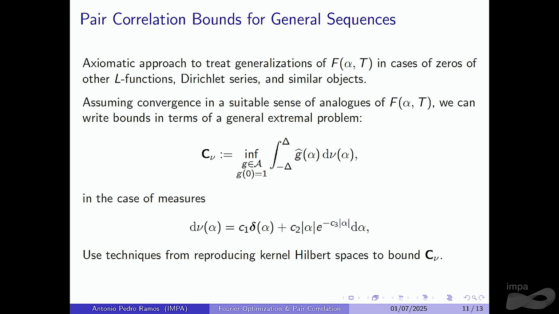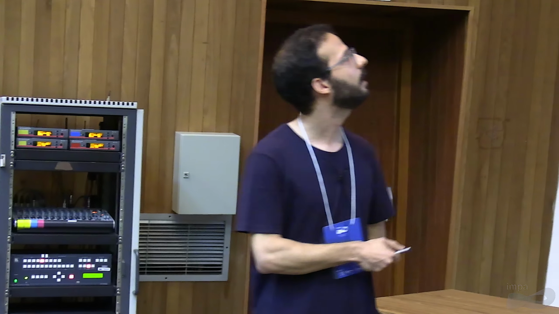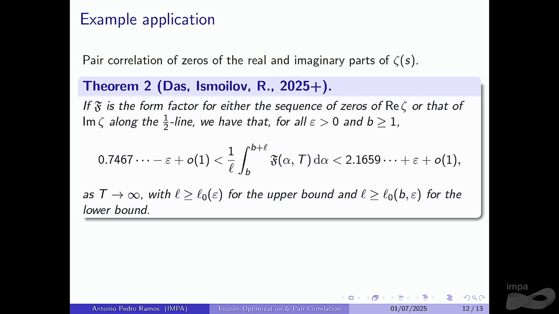Now, as one application, you can do the same sort of game for, say, the real and imaginary parts of zeta. The zeros of the real part of zeta are a considerably different object than the zeros of zeta itself, and so in principle you can't draw implications from one side to the other.